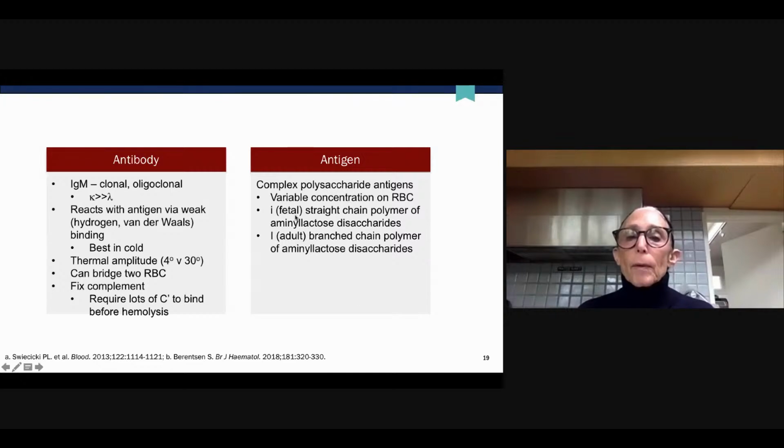And the polysaccharides most often are big I as opposed to little I. And there are some subtle changes in the composition of the carbohydrates of the polysaccharides on the little I versus big I antigen.